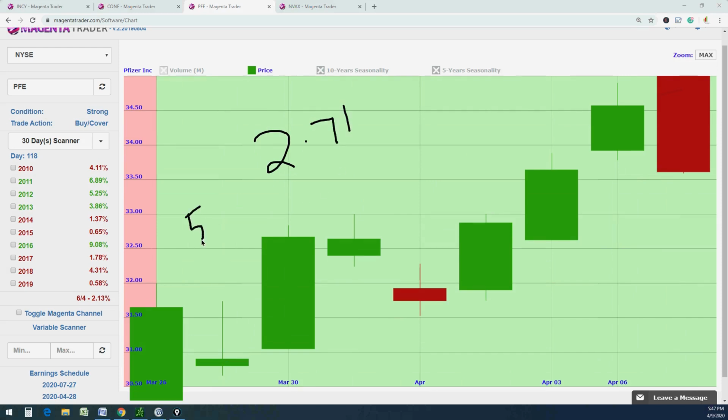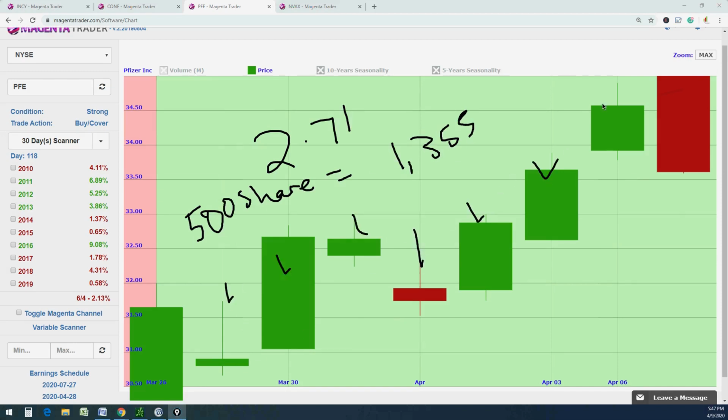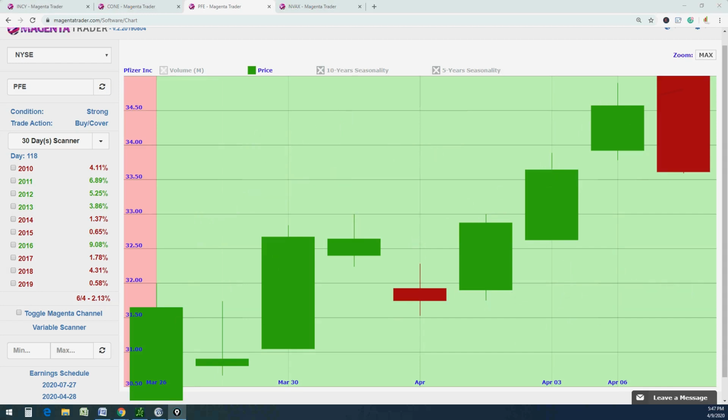So a 500 share account trading this would have yielded about $1,355. Again, not bad for eight days of trading or investing, either way you look at that, in a corona-filled economy where we are not able to go anywhere.